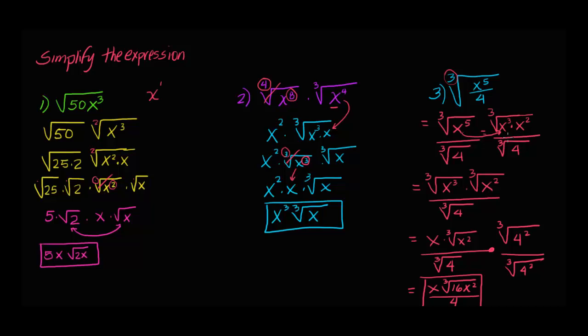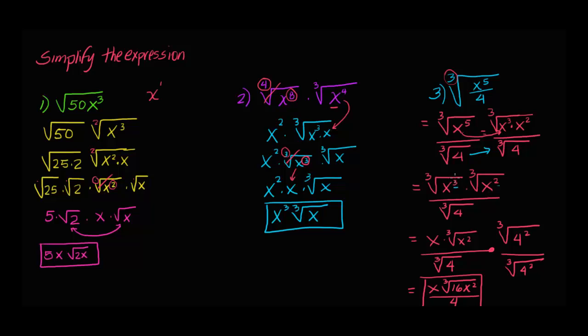And now, I've just written the denominator again. I'm not working with the denominator yet. Then when we continue here, I'm going to separate these into their own radicals. That's what I did here. The cube root of x cubed, and the cube root of x squared. I just separated them. You don't have to separate them, but just to show you step by step. And the denominator I'm not working with yet.